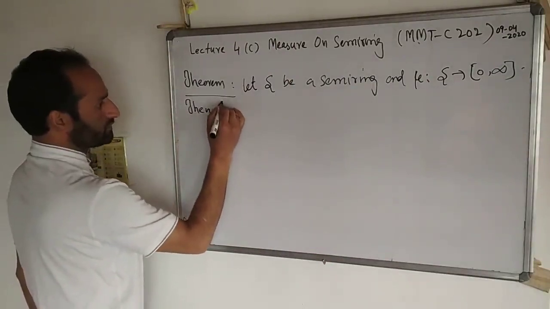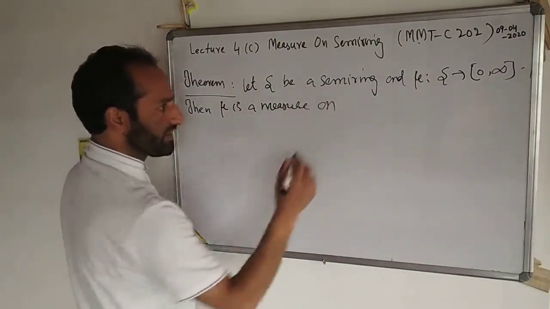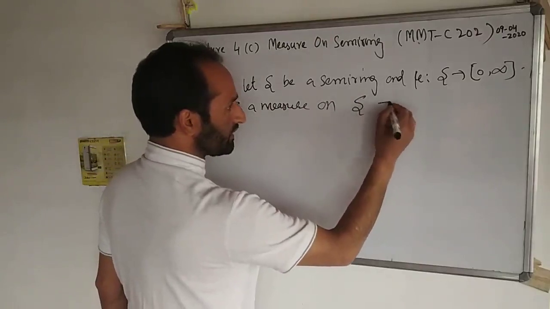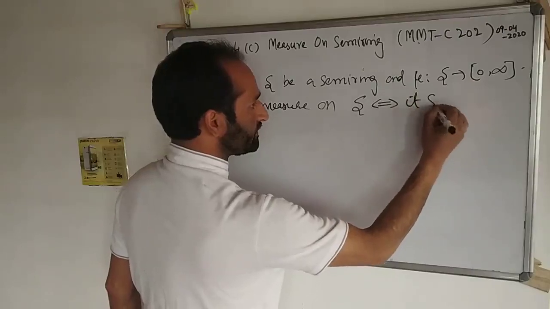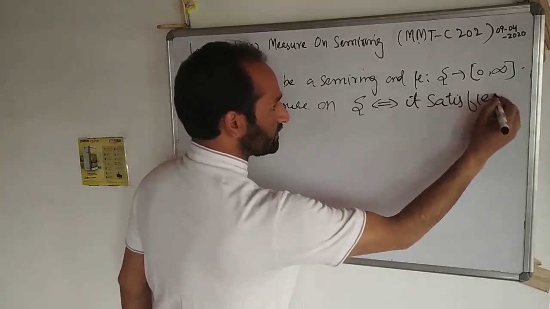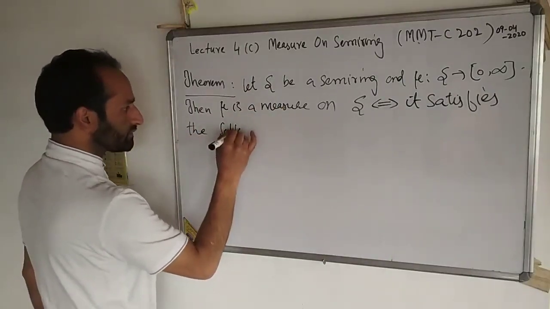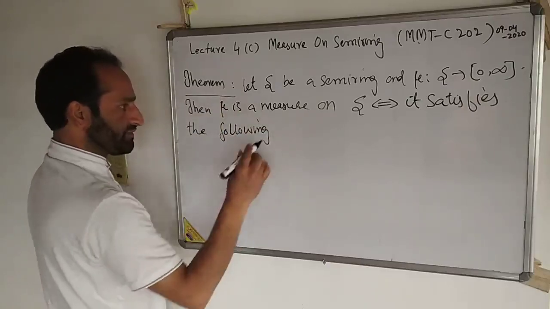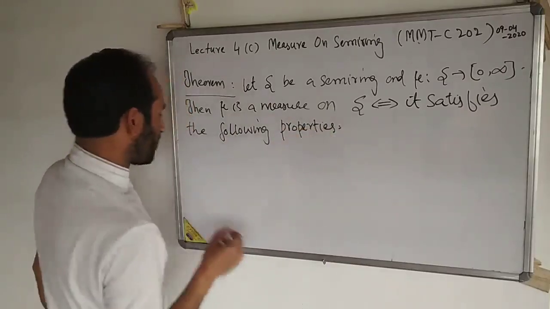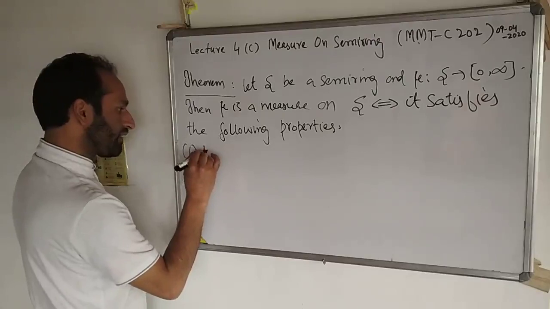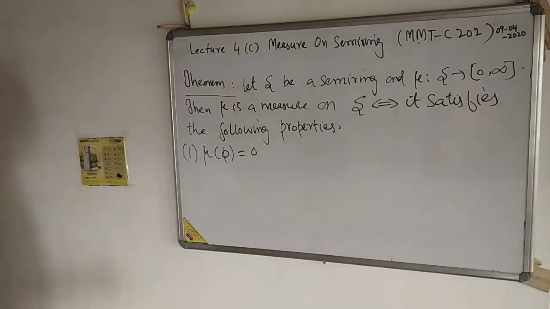Then mu is a measure on S if and only if it satisfies the following properties. Property 1 is mu of phi should be equal to 0.